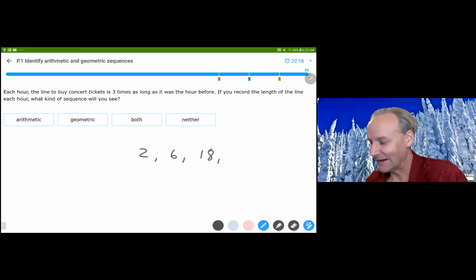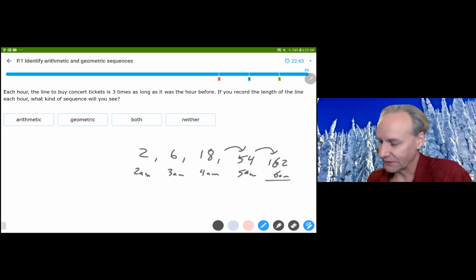And then if you wait another hour, this is probably 2 a.m., maybe 3 a.m., 4 a.m., and then all of a sudden it explodes, doesn't it? There's 3 times as many. 3 times as many would be 54. And then 3 times as many would be 162, and so on. So 5 a.m. and then 6 a.m., then the line is just too long. So this is a geometric sequence.